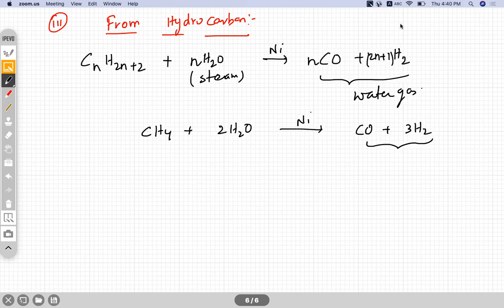A negative catalyst slows down the rate and the reaction takes more time to finish. So Ni here again is a catalyst, used at a temperature around 1200 to 1300 Kelvin, and it helps the reaction proceed at a faster rate and complete early.